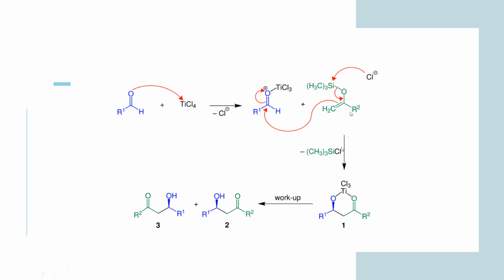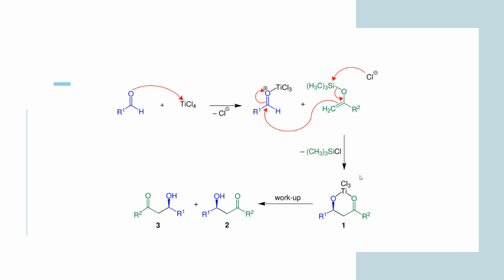And after the formation of carbon carbon bond between this green CH2 carbon and this blue carbonyl carbon, you will end up getting this kind of intermediate. Okay, the Lewis acid fragment is going to coordinate with both the oxygen atoms of this intermediate product, which is removed in the workup step, which is usually done in presence of acid.